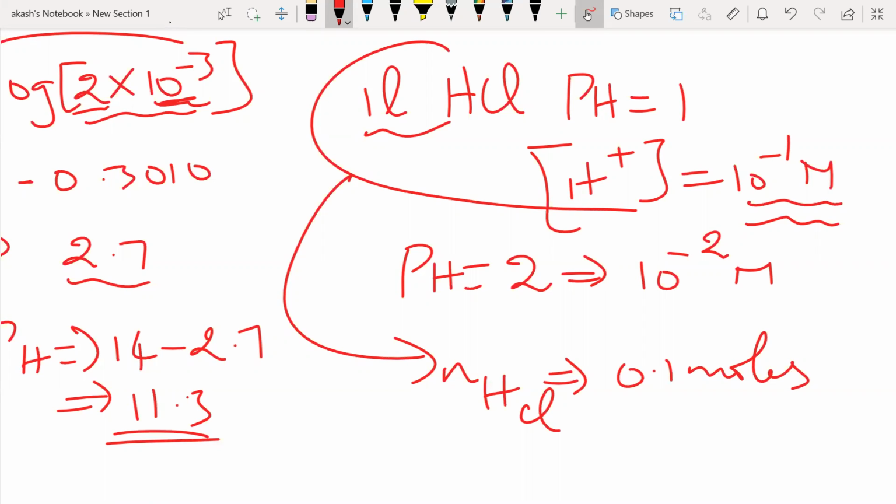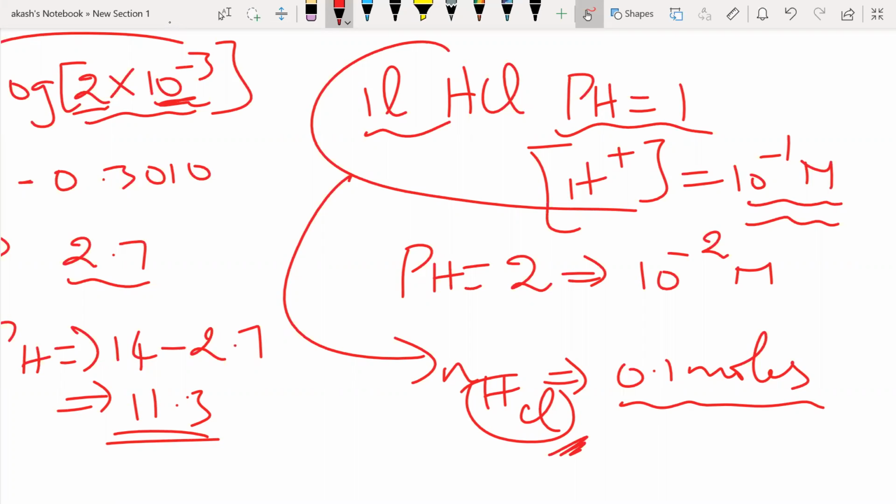Now you remember that you're just adding water here. That means whatever is the number of moles of HCl you initially had, when the pH is equal to 1, that number of moles is not going to change.